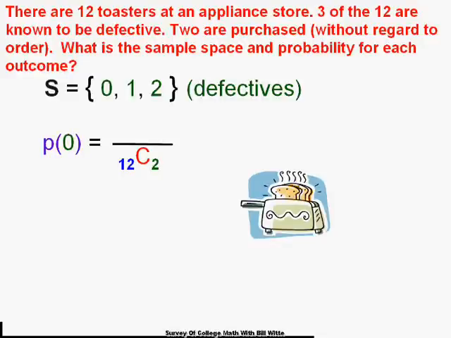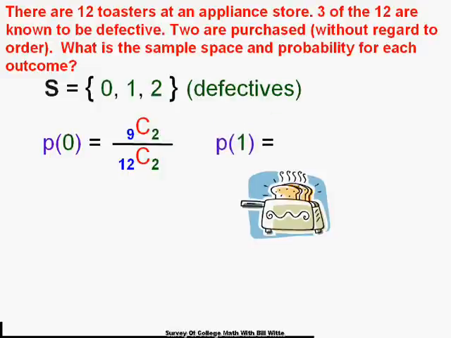For the selected event, which is no toasters being defective, I only have 9 to select from, since 3 of the 12 are known to be defective. So it's a combination of 9 taken 2 at a time. Whatever that comes out to is the probability of no defectives.